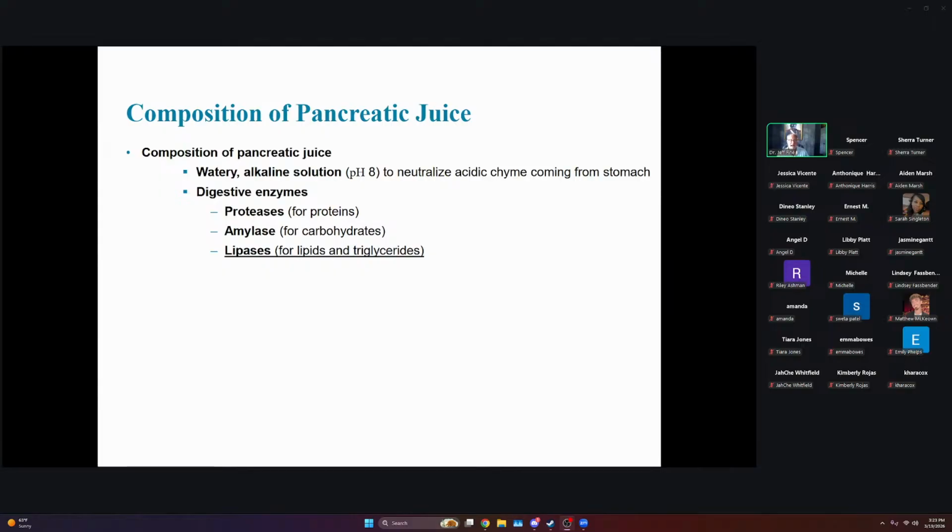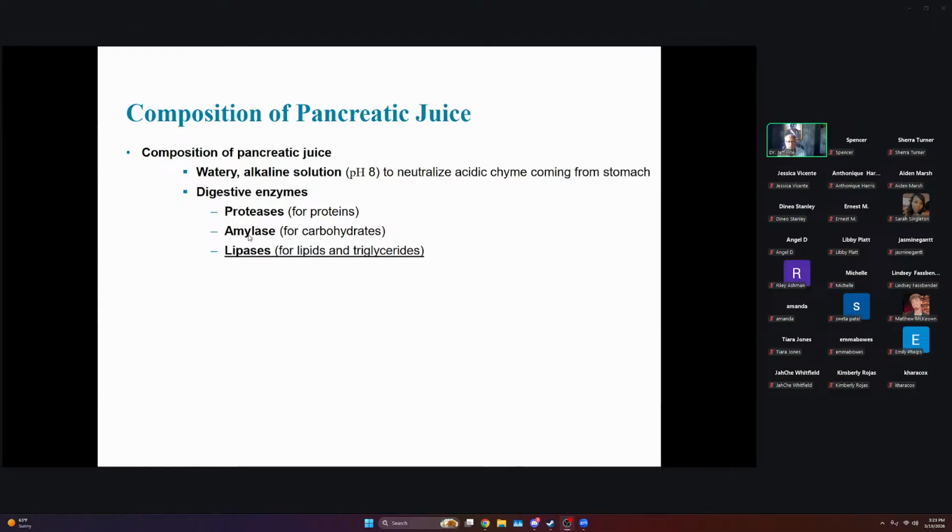Okay? Beyond the alkaline water type liquid, we have those enzymes that we talked about that are vital to chemical digestion. For proteins, those enzymes are proteases. For carbohydrates, it's our old friend amylase, yet again, the exact same amylase enzyme that's released from our salivary glands in the oral cavity that starts breaking down starches in the oral cavity.